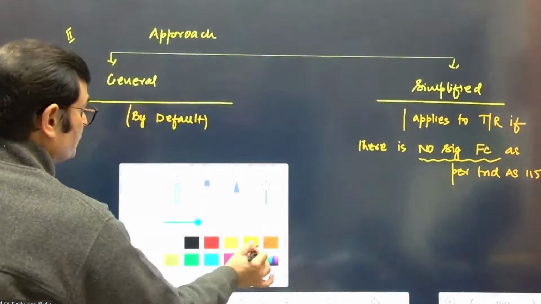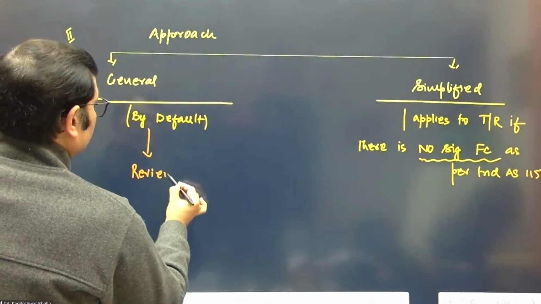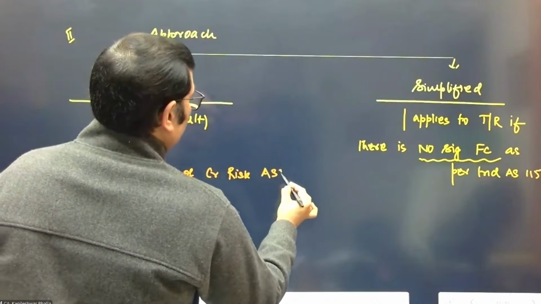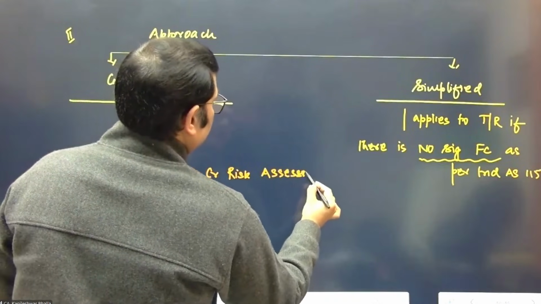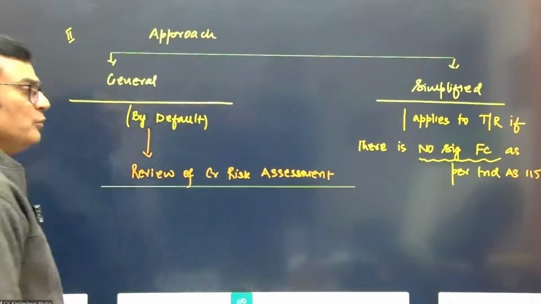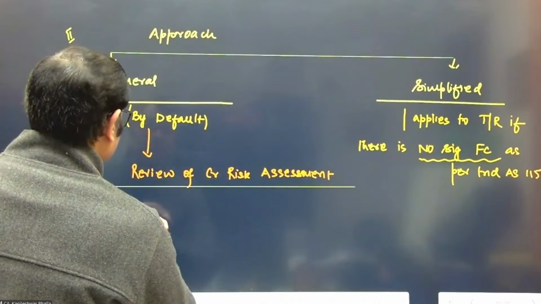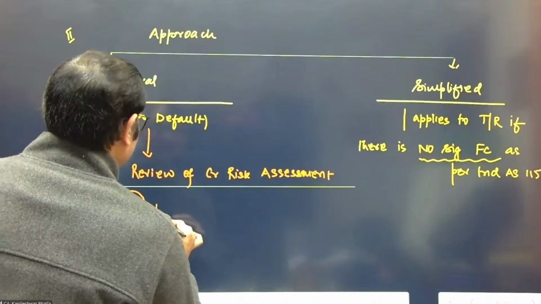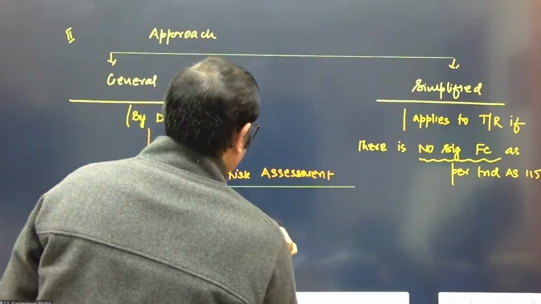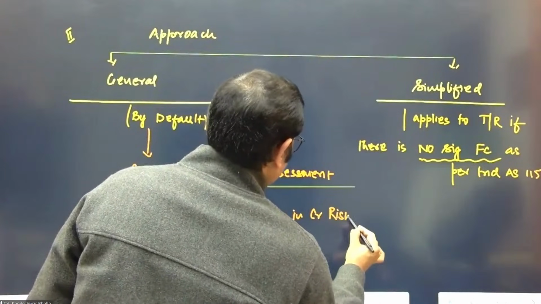Now, in terms of the general approach, we need to do a review of the credit risk assessment. So every balance sheet date, you need to make a review of the credit risk assessment. And in this case, we need to question and find out whether there is a significant increase in the credit risk or not.